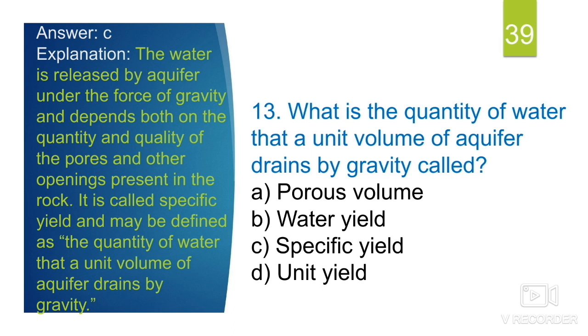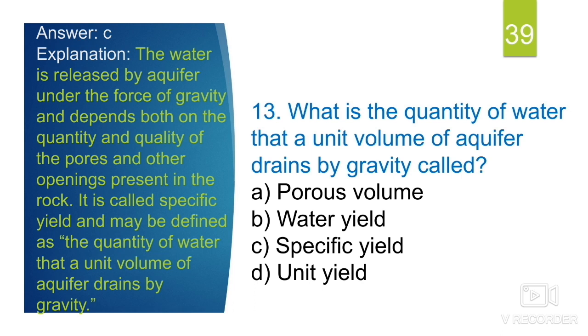So all the water that exists in the aquifers cannot be recovered. A part which is held there by molecular attractions is not free to move. So the terms specific yield and specific retention have been used to designate respectively the water which can be drained out freely under gravity and the water which is held in the aquifers.